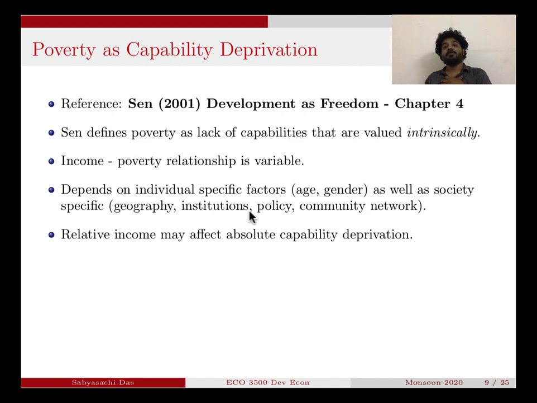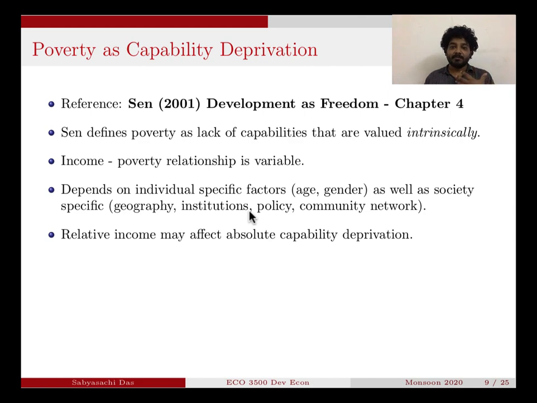I may not be able to access education because suddenly school becomes very expensive, right? Because if society becomes richer and my income remains the same, certain items which are essential for me to attain a full life will suddenly become unaffordable.